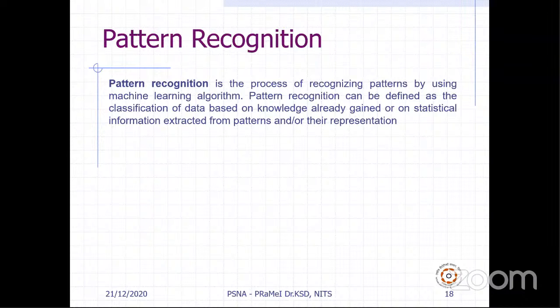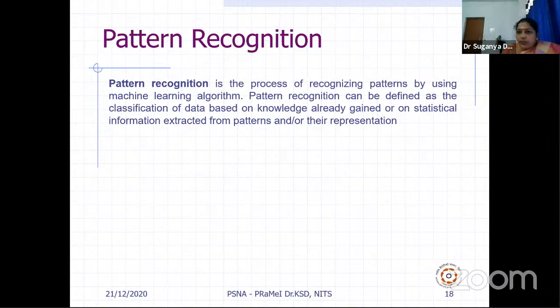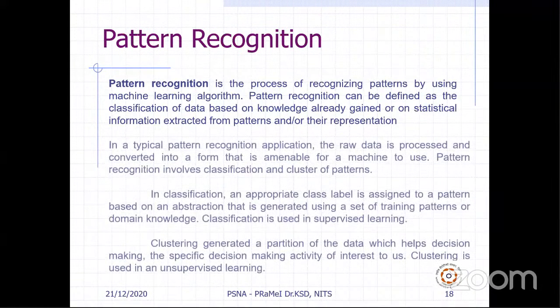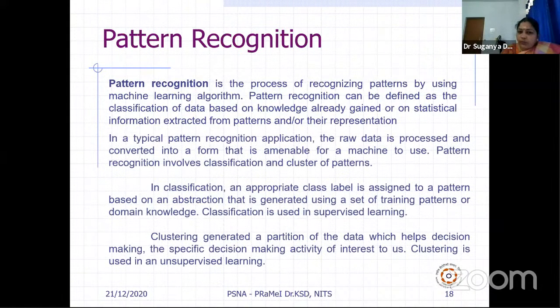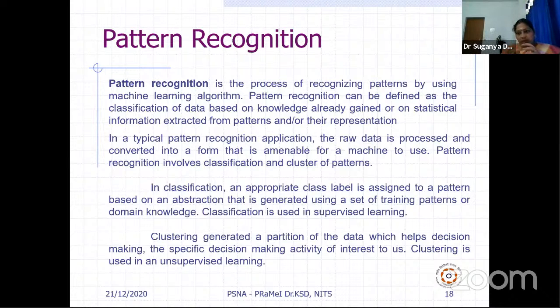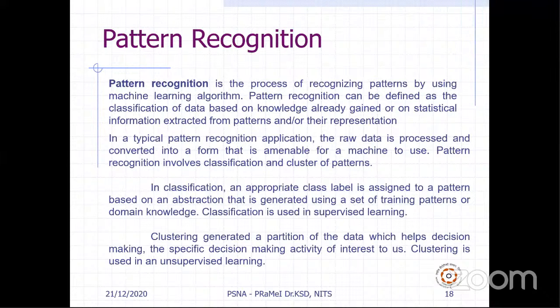The first kind is your machine learning, and the second kind is your deep learning. That is the actual thing. In a typical pattern recognition application, the raw data is processed and converted into a form that is amenable for a machine to use. So before entering into any machine learning algorithm, the primary thing you have to do is pattern recognition.